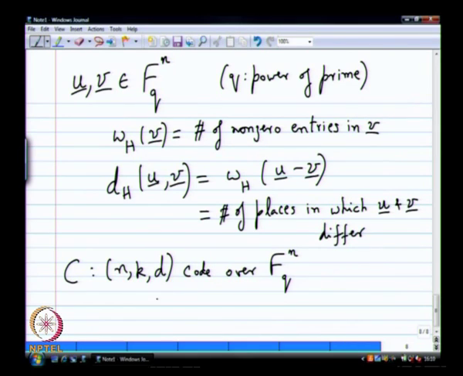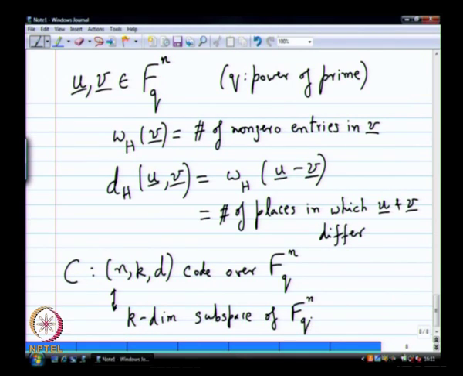What does this actually mean? It will be a k dimensional subspace of Fqn. Remember, q has to be a prime power. If it is not a prime power, then there is no such field and it does not make any sense.